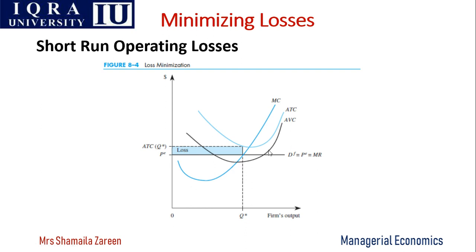It means they are bearing the fixed cost since the price in this figure exceeds the average variable cost of producing Q star unit of output. The firm earns revenue on each unit sold that is more than enough to cover the variable cost of producing each unit.